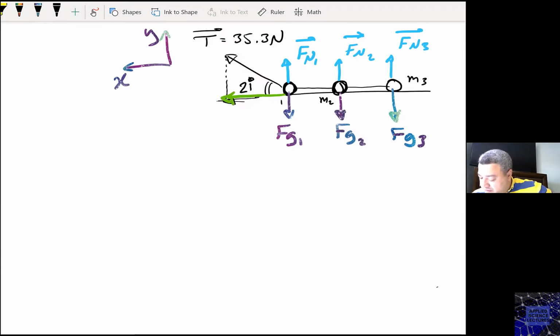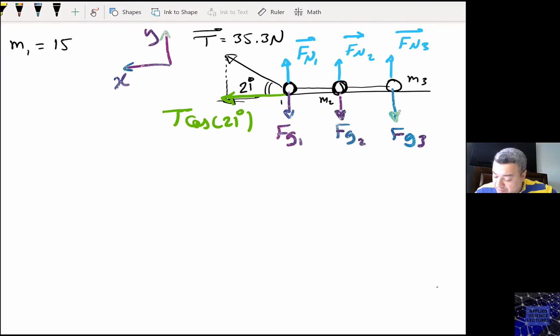Then this is T cosine 21 degrees, the green one. Also I will write the masses: M1 as 15 kilograms, M2 is 13.2 kilograms, M3 as 16.1 kilograms.